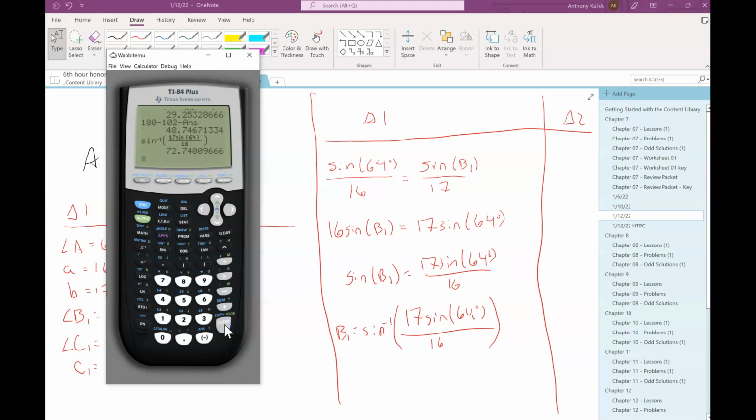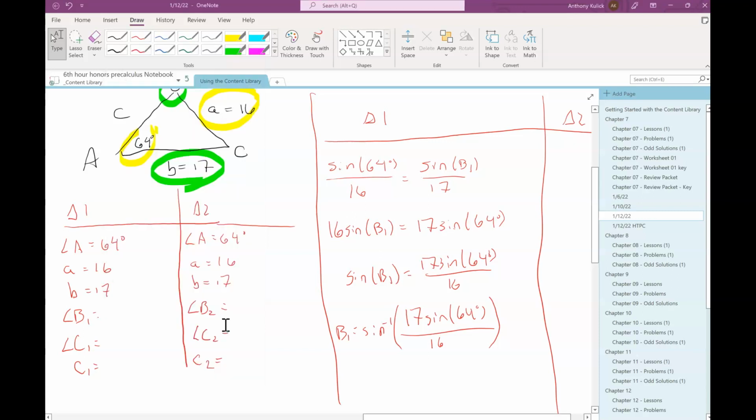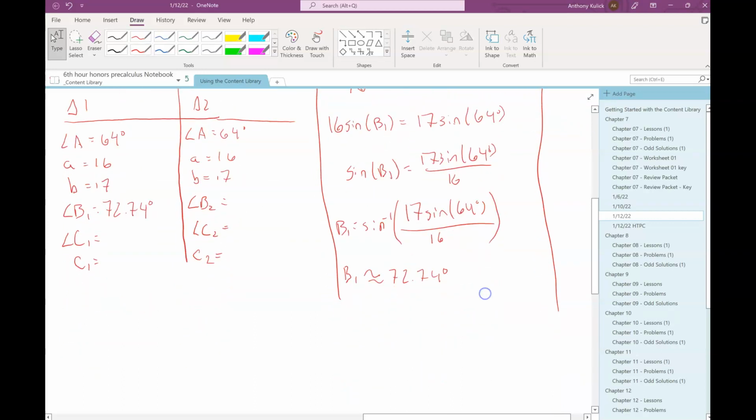So that gives me 72.74. Now getting angle C1 is really easy because I have 2 of the 3 angles.